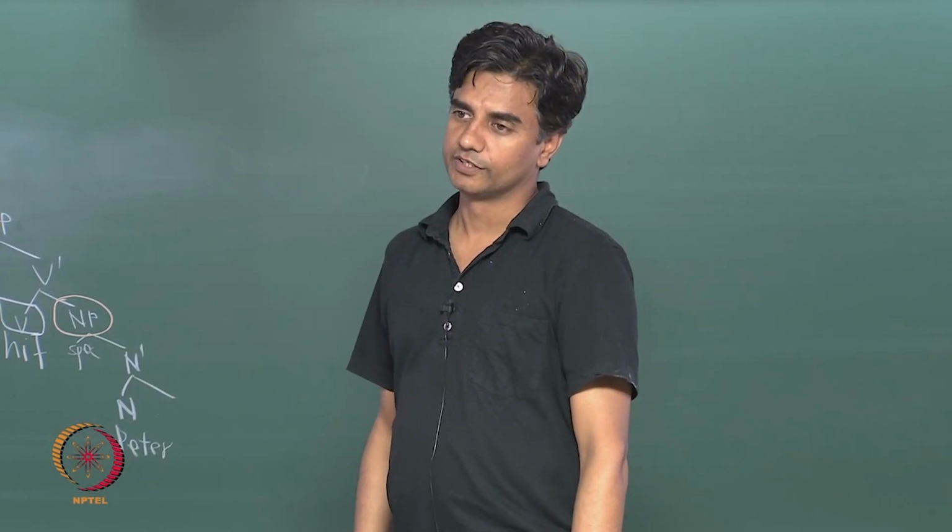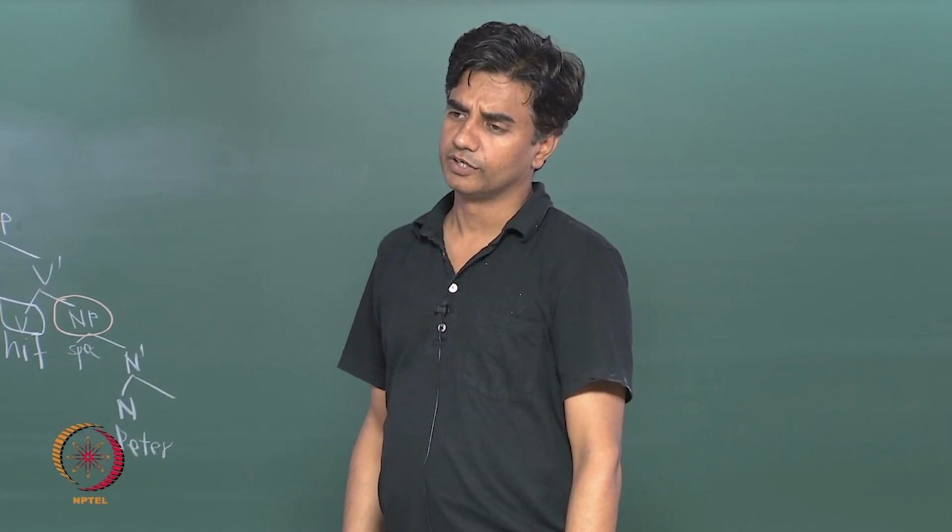Suppose the noun phrase has more than one element, suppose there is also an adjective describing the noun. Then those elements cannot be compared with the elements of this branch, right? No.